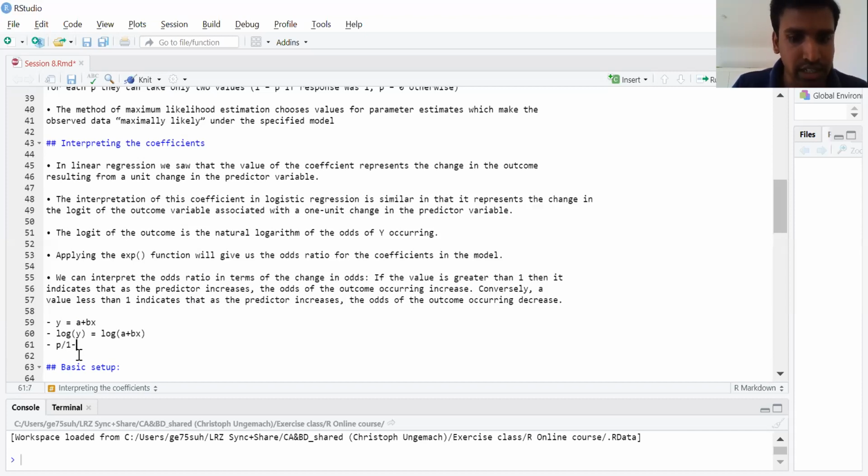So it is like 1 minus p, right? And that is how it will get transformed. And then you will basically have the exponentiated form of your alpha and beta values here, like the constant, beta naught and then beta 1 values here. Okay, and it will still also have the error term associated with it, as we discussed last class.